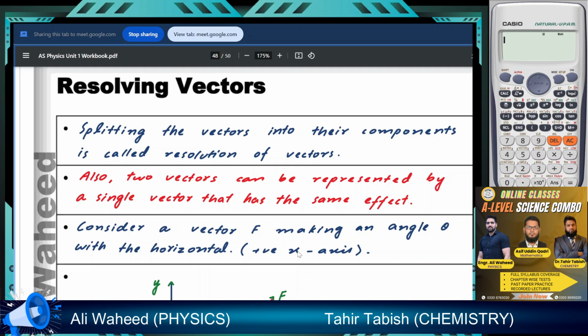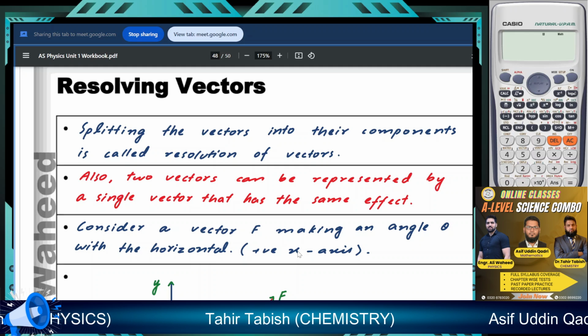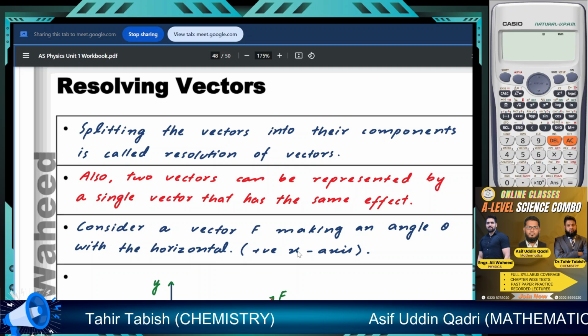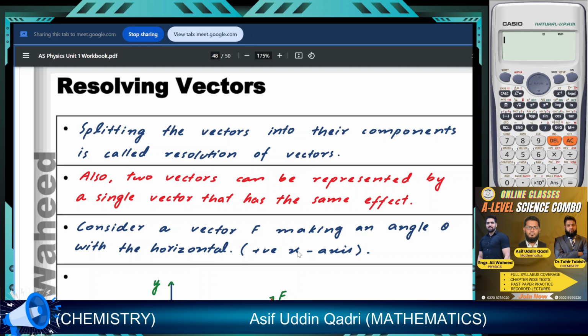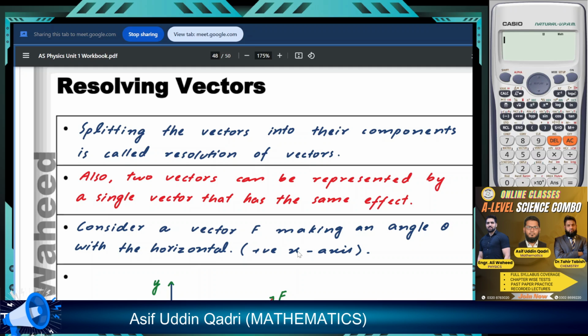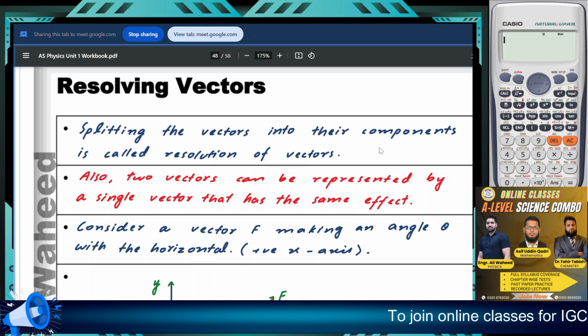So we say, okay, we have a single vector. It can be thought to be made up of smaller components. And if you add all of them, you get the same vector. Those smaller parts of the vector are called components.